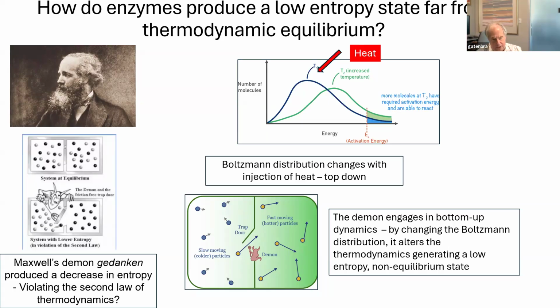What the demon does, I think, is change the Boltzmann distribution, resulting in a visible change in the coarse grain appearance of that, which is the temperature. This is not a violation of the second law of thermodynamics, but it is an interesting way to interact at the interface between the macroscopic and microscopic system description.